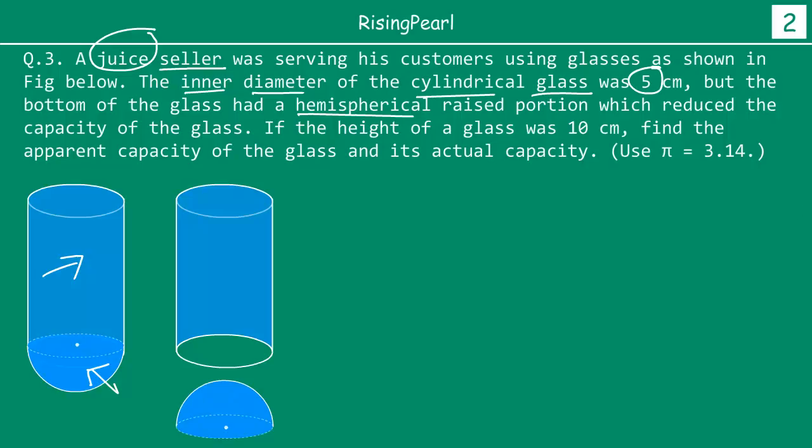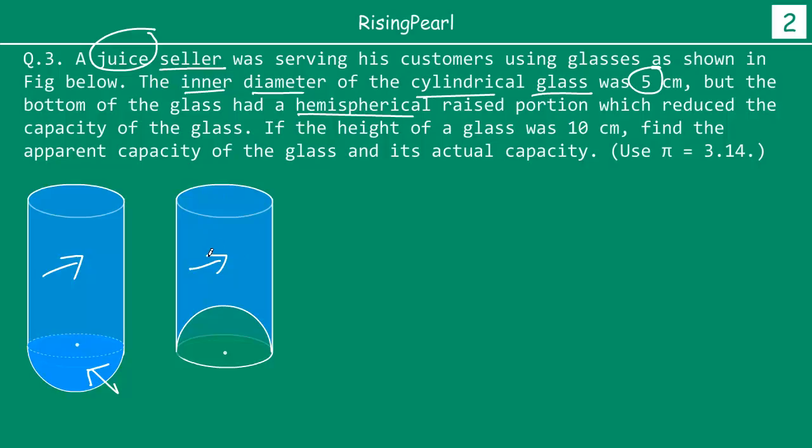In other words, the hemisphere is upside down, which reduces the overall capacity of the glass. This much volume is not available for the juice, because this hemisphere part is reducing the capacity of the juice that we can pour inside the glass.